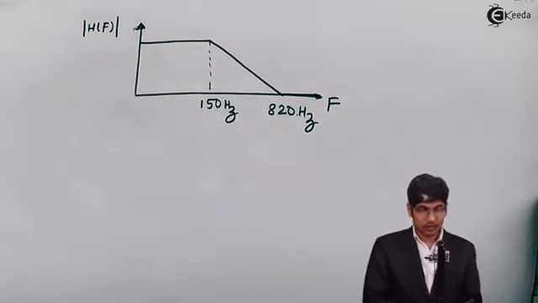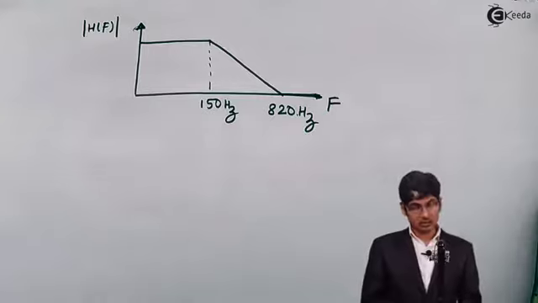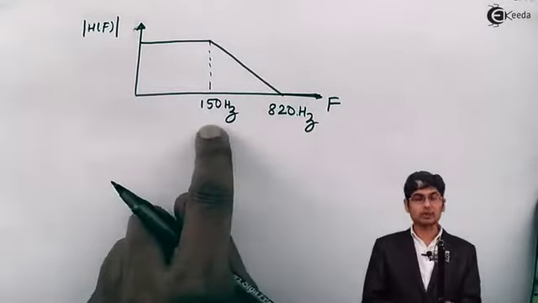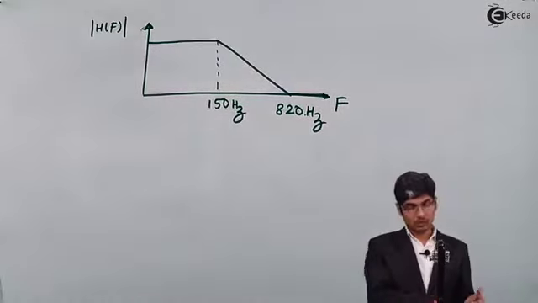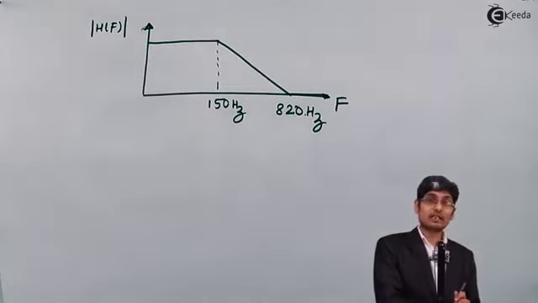Everything is in terms of hertz. So the transition will be from 150 to 820. Now, this is the stage 1 filter requirement.